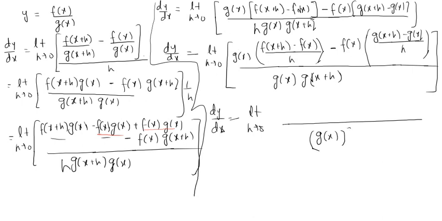This limit I can remove, so dy by dx is nothing but g(x) into d by dx of f(x) minus f(x) into d by dx of g(x), divided by g(x) square.